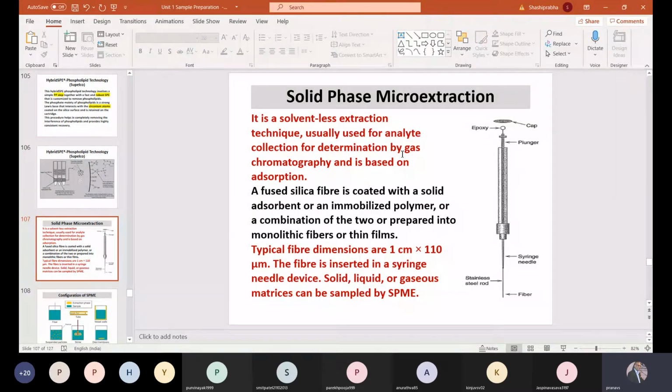So there are certain modifications. When you look at solid phase extraction, it requires about 4 to 5 ml and the whole thing is done of organic diluents. But in solid phase micro extraction, it requires 0.1 ml of organic solvent. So you drastically reduce the volume of solvent which you use.